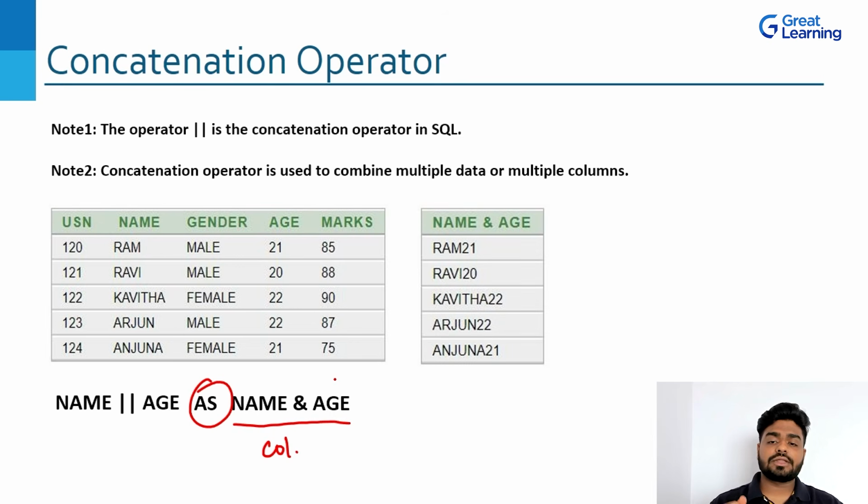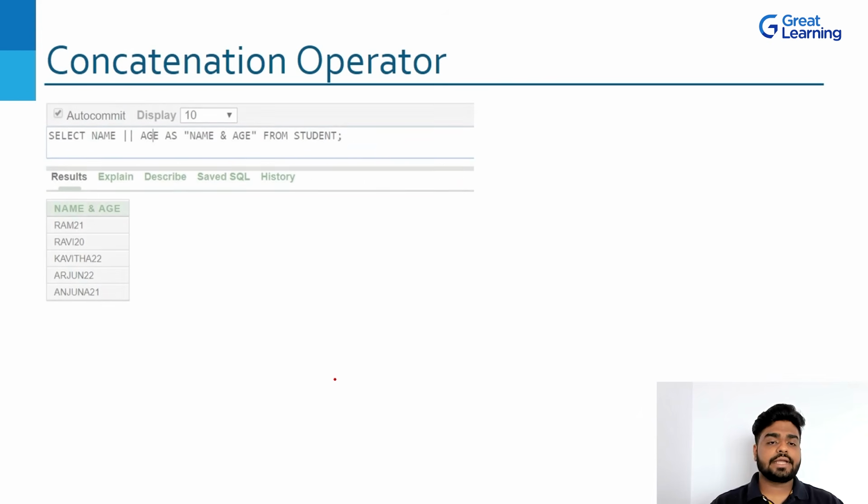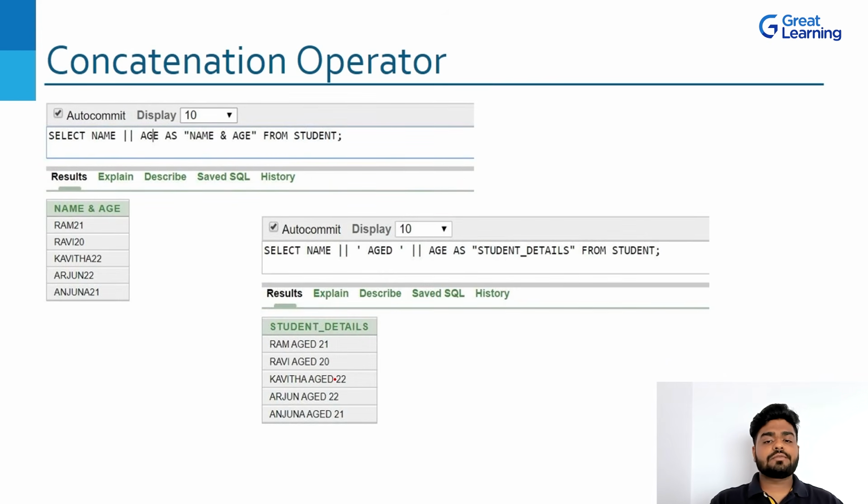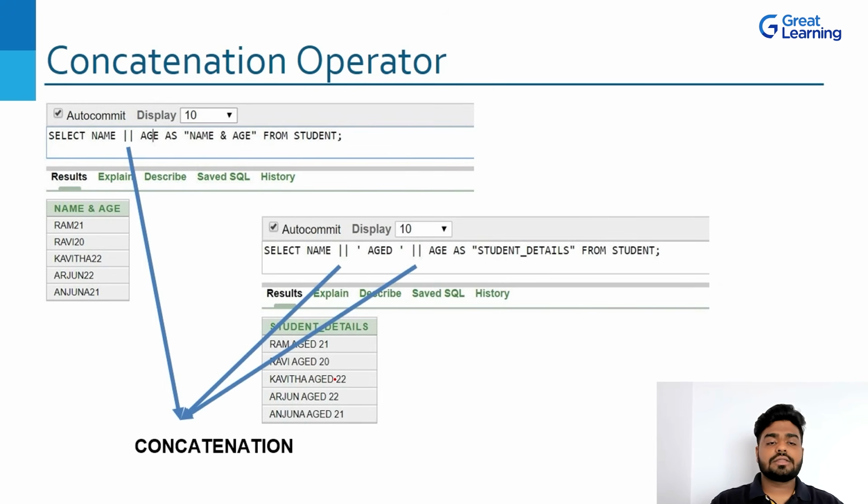Now, this is the answer: Ram 21, Ravi 20, Kavita 22, Arjun 22, and Anjuna 21. This is how you get the concatenation done, right? Now, one more example of this. These all are nothing but concatenation. Now see what I'm doing here. Name concatenated with aged.